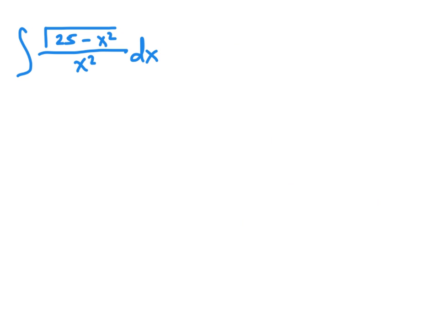So we start with our original integral, the integral of square root 25 minus x squared over x squared dx, and we make all of the substitutions that we just indicated. So in our numerator, we're going to be left with 5 cosine theta, the value of the square root expression.